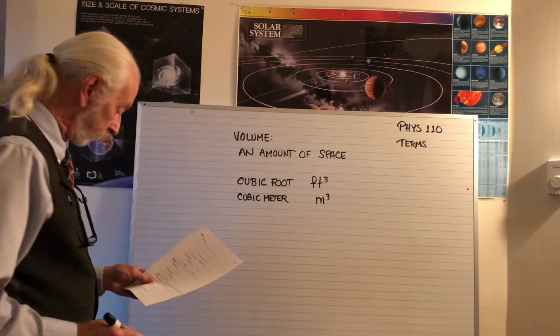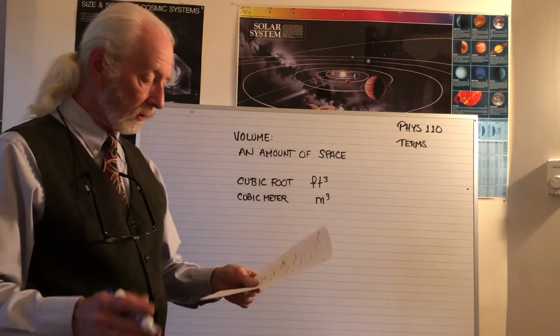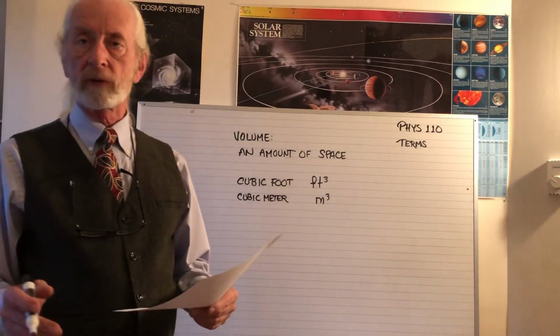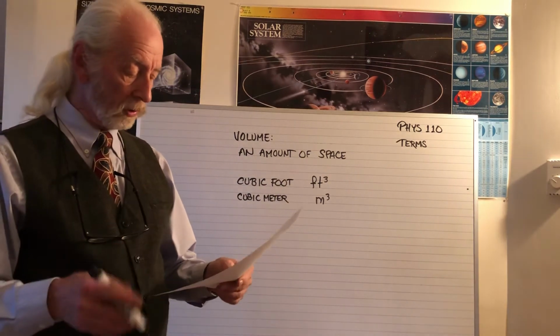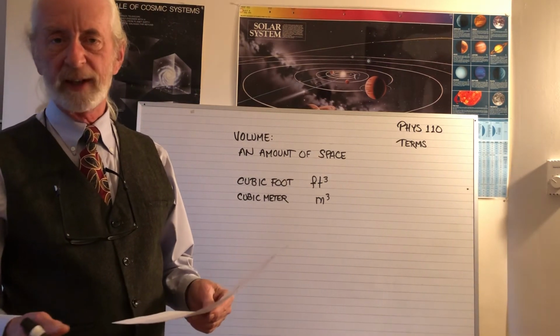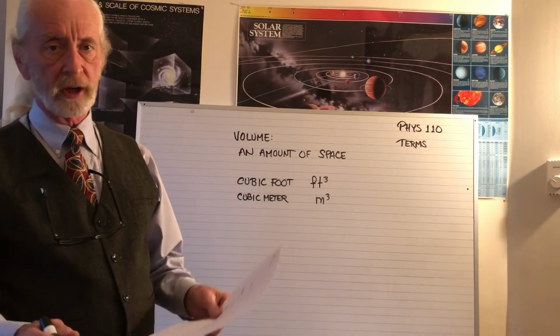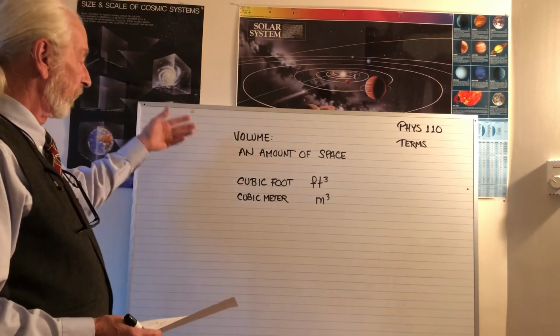Abbreviated like so. Note, liters are also frequently used to measure volume in metric terms, but they are no longer considered a standard unit. They got demoted some years back, but we do use them. They're just not the standard unit. So that's the standard unit of volume.